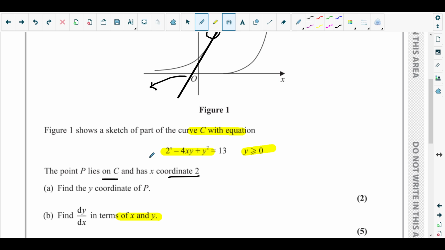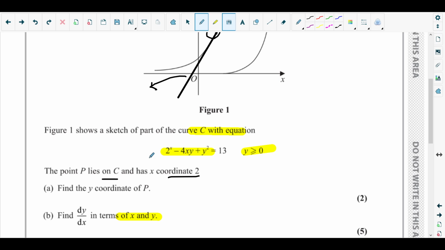Since we know the derivative of this curve, the gradient function, if we substitute the x and y coordinates, why do we need both? Because this is an implicit derivative, isn't it? So we need both x and y coordinates. If you put the x and y coordinates in the derivative, you will get the gradient.